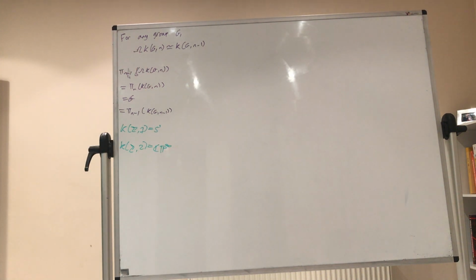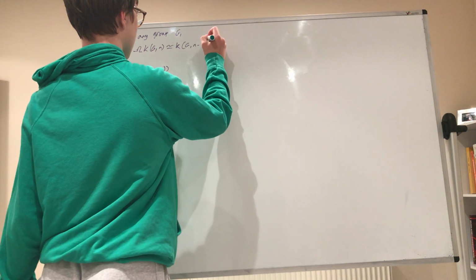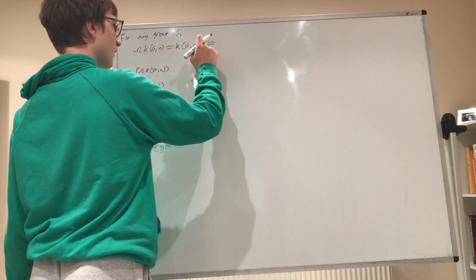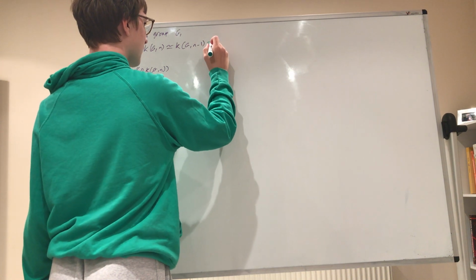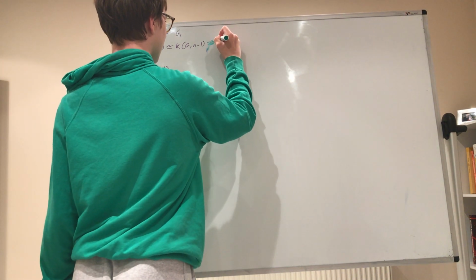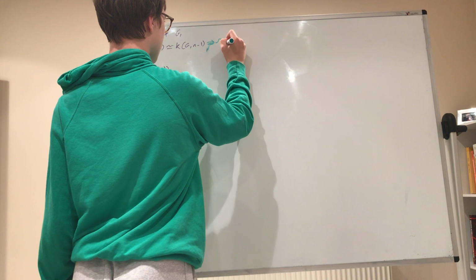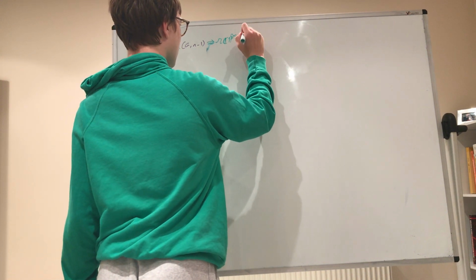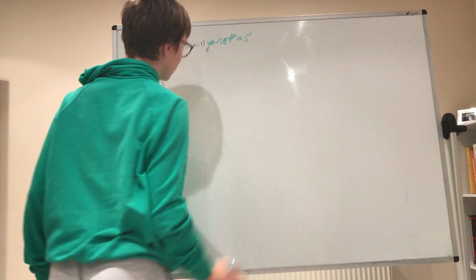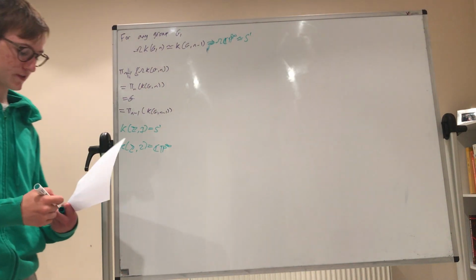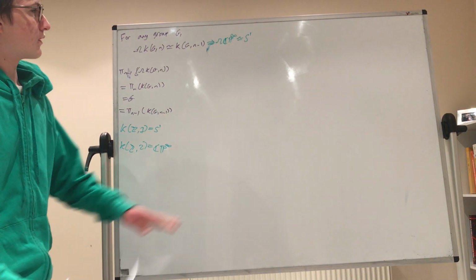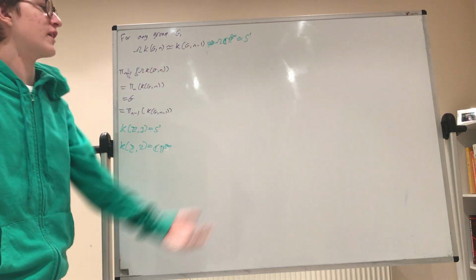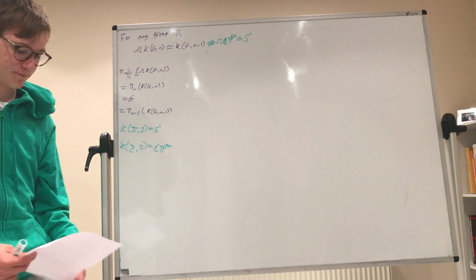So this result directly implies as a corollary that the loop space of CP infinity is homotopy equivalent to the circle, like so. So that's just a nice corollary that we get directly from talking about loop spaces.